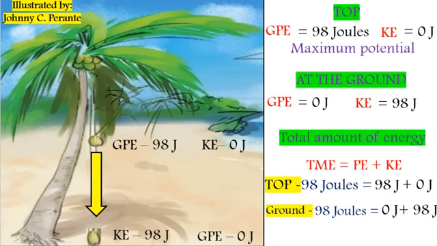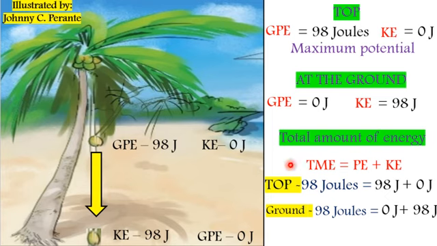So it is very evident here that the loss in potential is equivalent to the gain in kinetic. And as the height decreases, the gravitational potential energy also decreases. So from 98, it becomes 0 because the height also decreases.